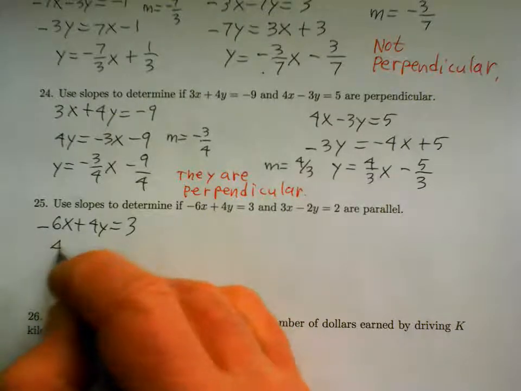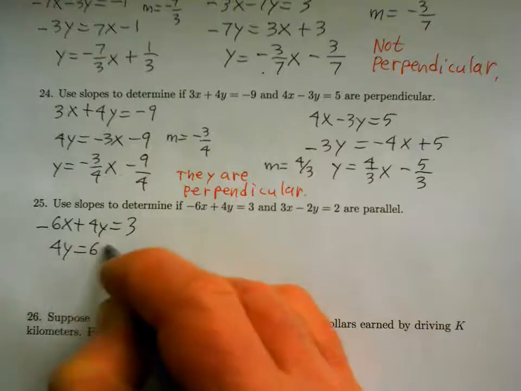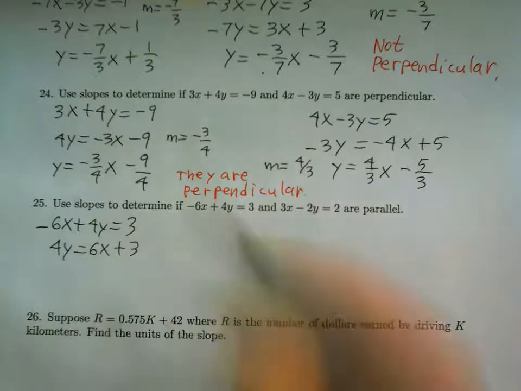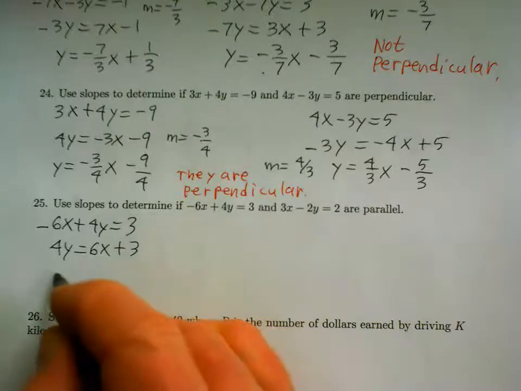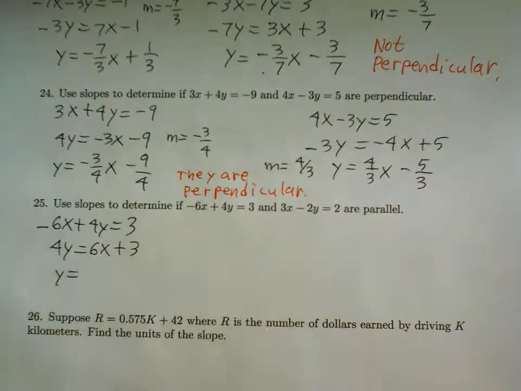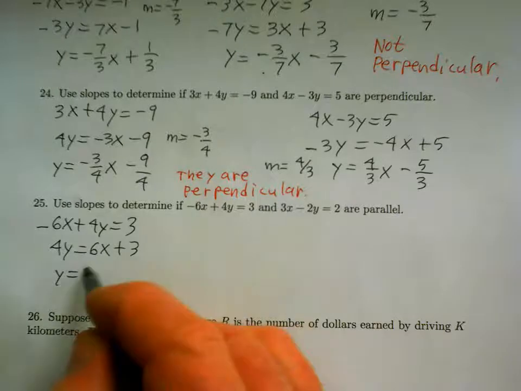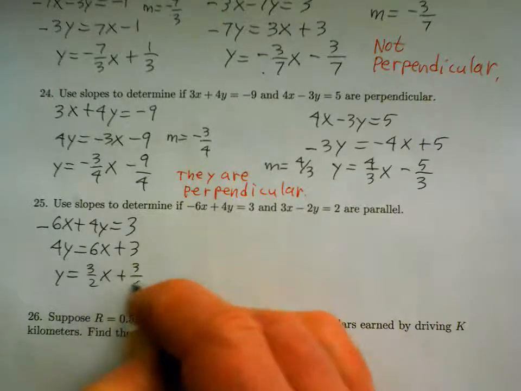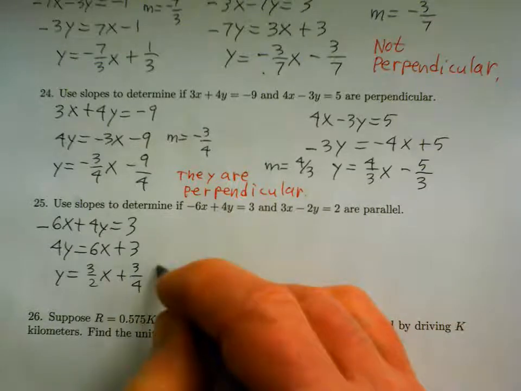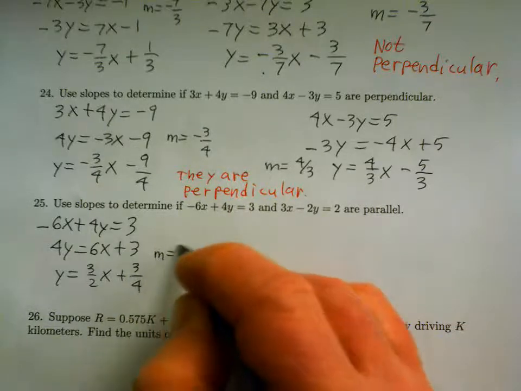We get 4y equals 6x plus 3. Then divide every term on both sides by 4. We get y equals 6x over 4, or 3/2 x, plus 3/4. The slope of this line is 3/2.